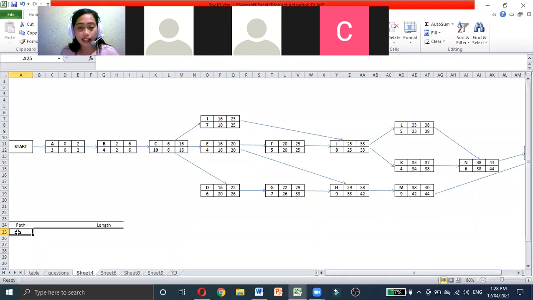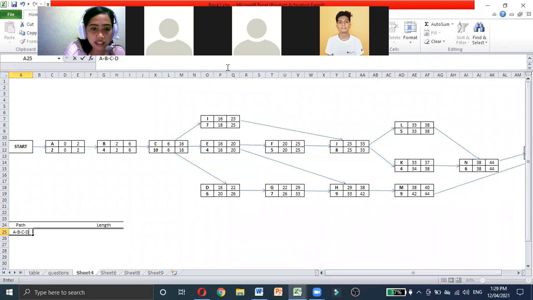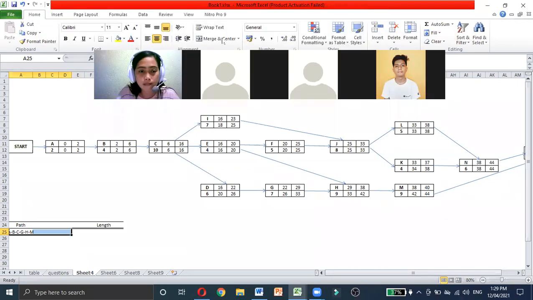Tell me all the paths that you saw. The first path: A, B, C, D, G, H, and then M. Okay.